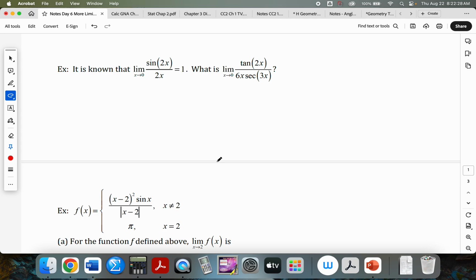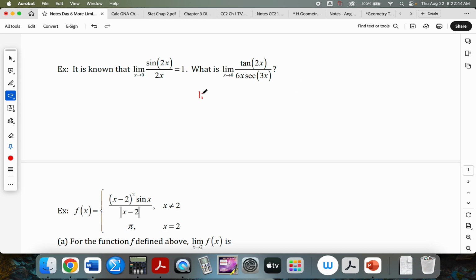Let's see what we can do with this. So, I said earlier, when I do trig identities and I'm stuck at all, I rewrite everything in terms of sine and cosine. That's exactly what I would do on this.